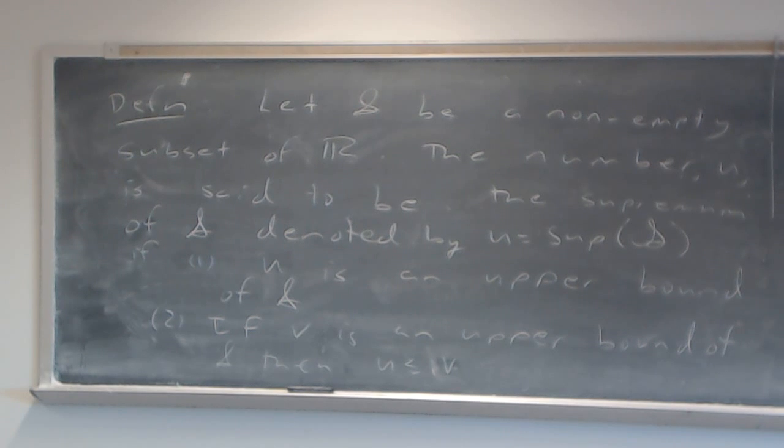So that's what it means for U to be the supremum. It's an upper bound, and if you give me any other upper bound, U is less than or equal to it.